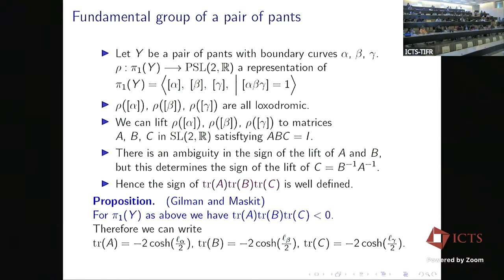Now, of course, we have this ambiguity: if I change the sign of A, then I would have changed this one and that one, but they would give me the same group in PSL. One of the ways you can think about this is the following. Let me get this correct.